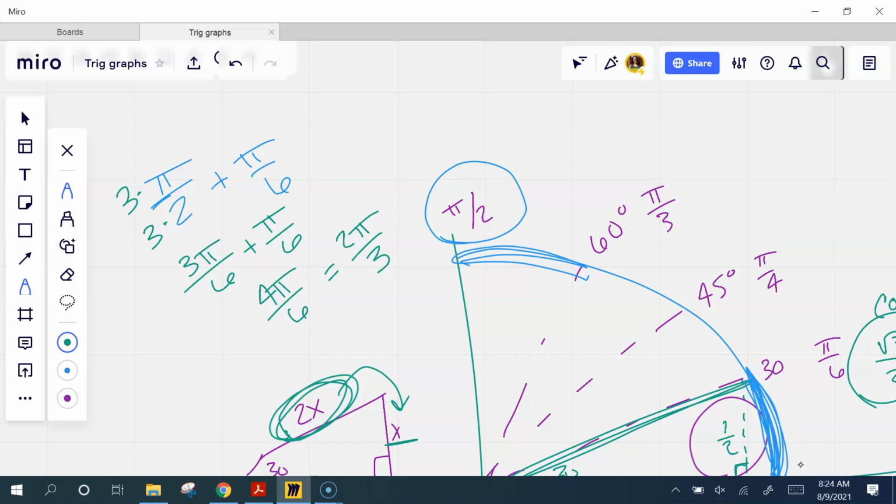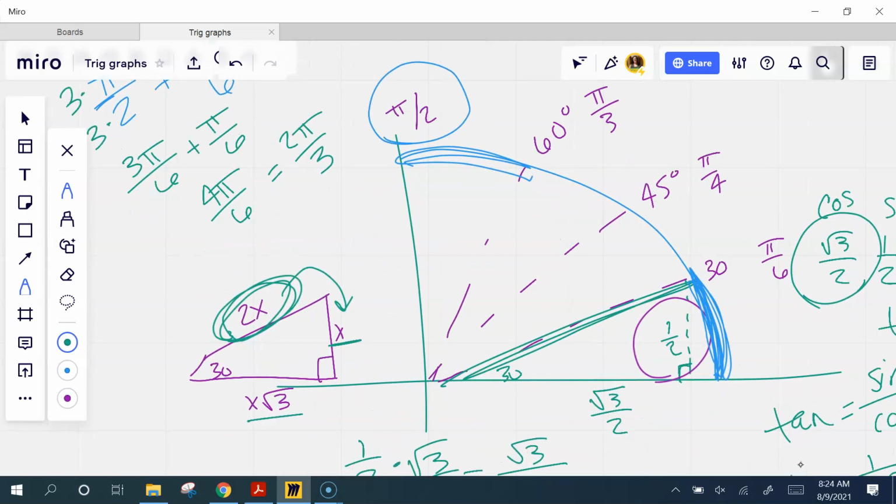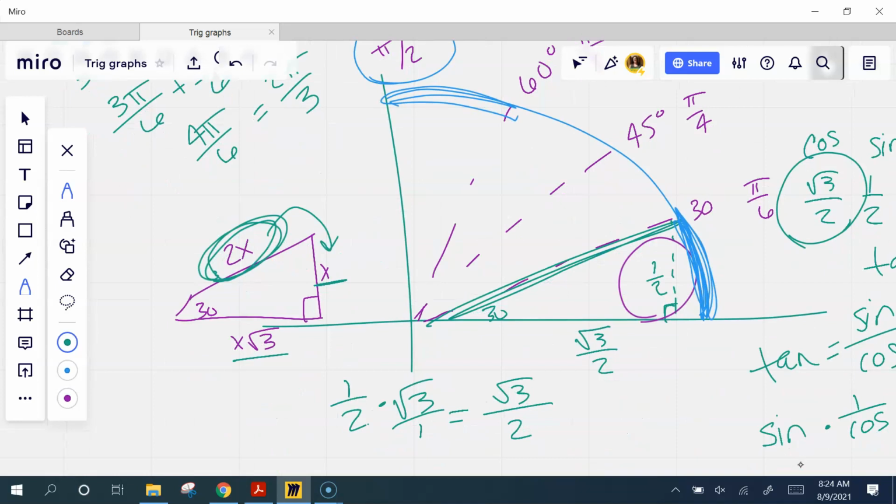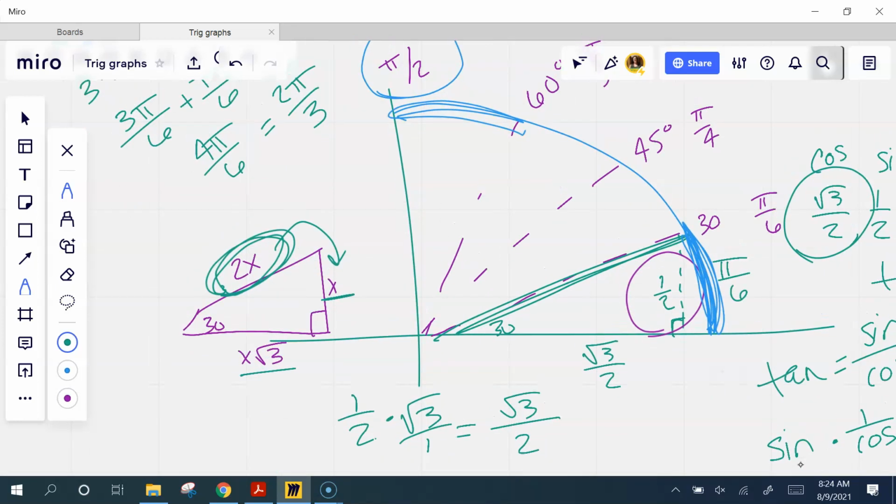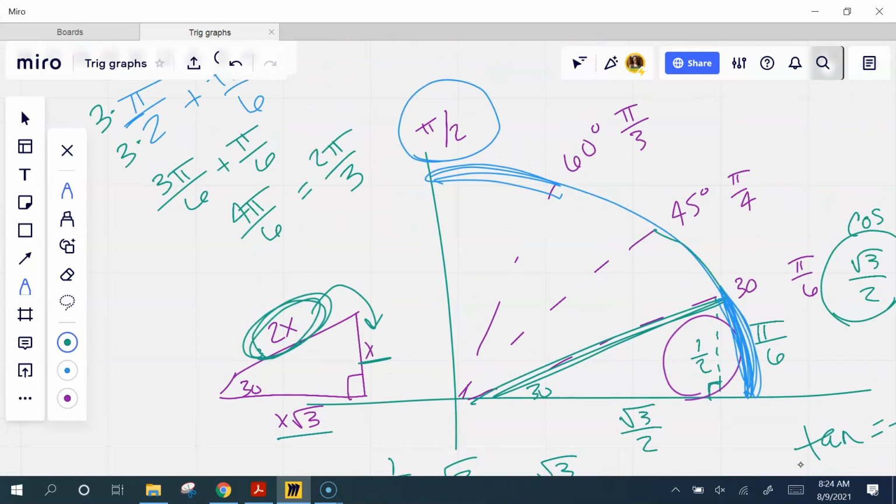Yep. So each section is pi over 6, radians that I'm adding. This is not going to be... what is 15 divided by 180 as a fraction?